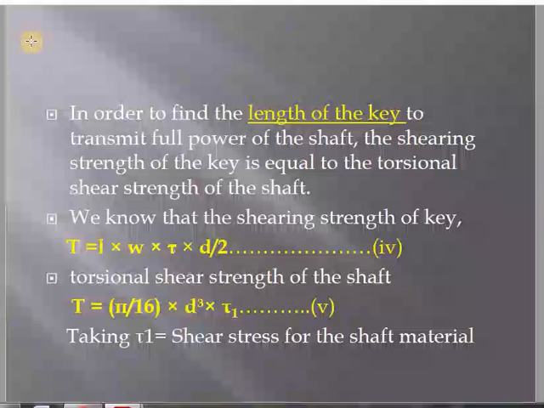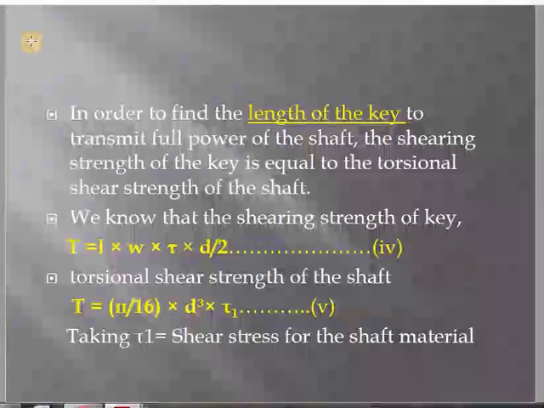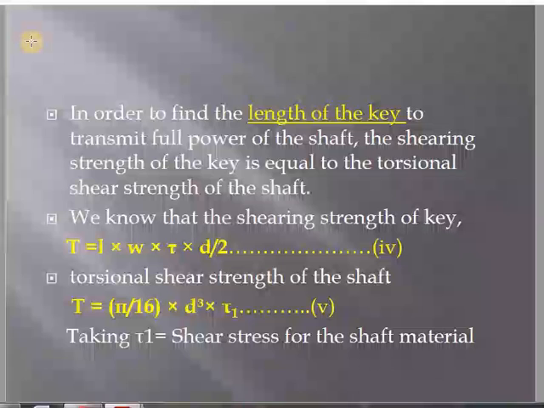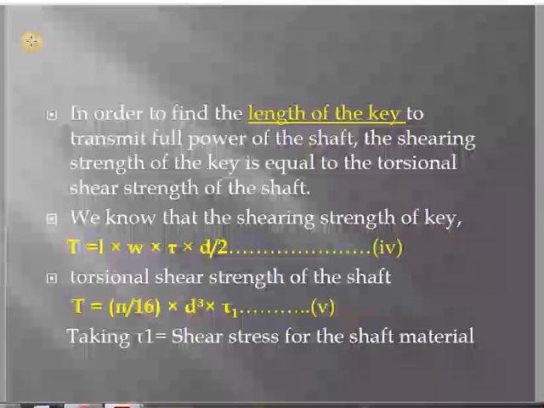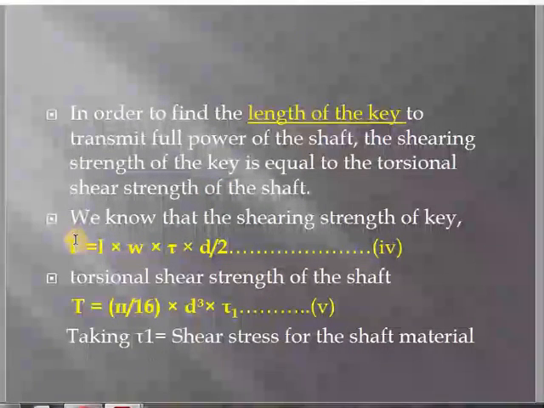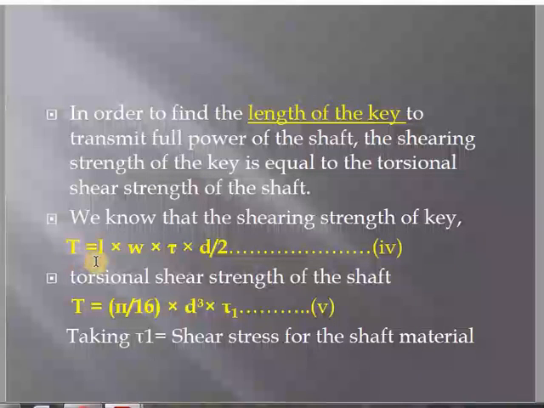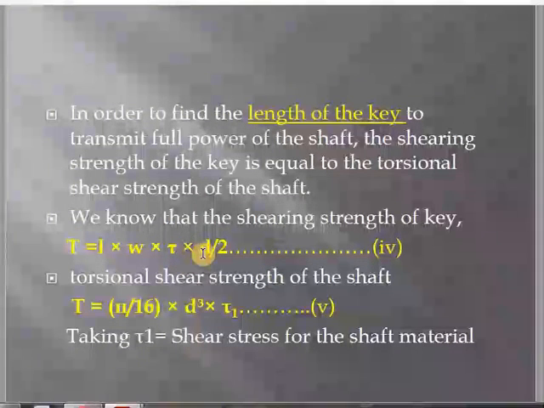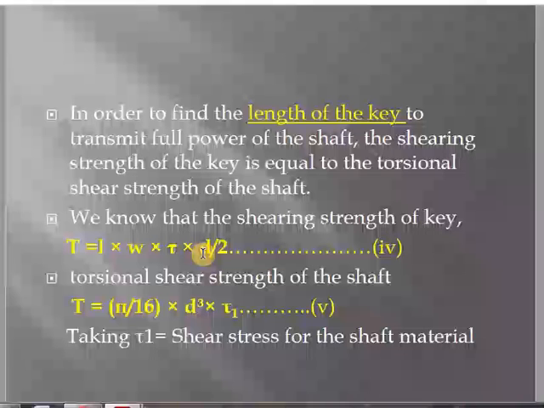In order to find the length of the key to transmit the full power of the shaft, the shearing strength of the key is equal to the torsional shear strength of the shaft. So from the previous discussion, we know that the shearing strength of the key can be written as T is equal to L into W into tau into D by 2, and the torsional shear strength of the shaft can be written as T is equal to pi by 16 into D cube into tau 1, where tau 1 is the shear stress for the shaft material.